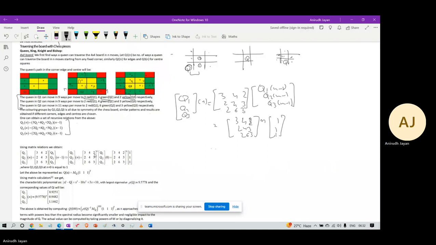Now this is because q1, q2, q3 of 0 is 1. This is assumed as default because q1 of 1 is nothing but 3 times q1 of 0 plus 4 times q2 of 0 plus 2 times q3 of 0, which must be equal to 9. Therefore, all of them are 1.